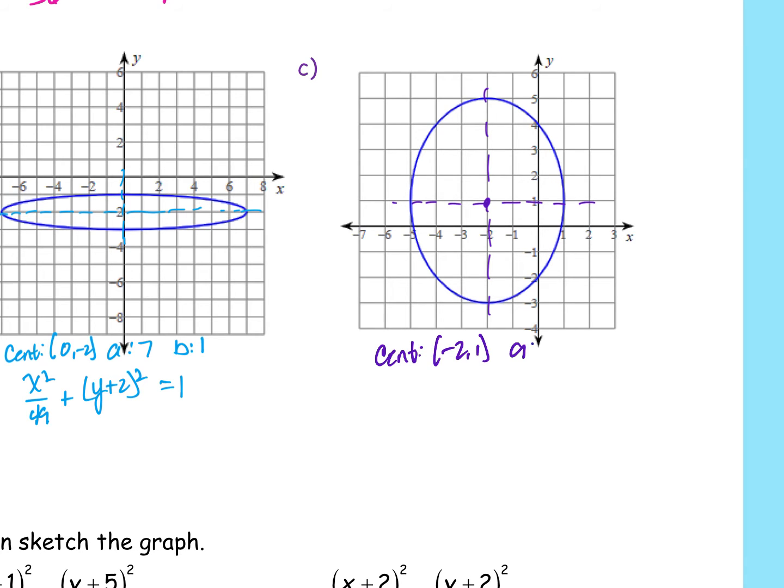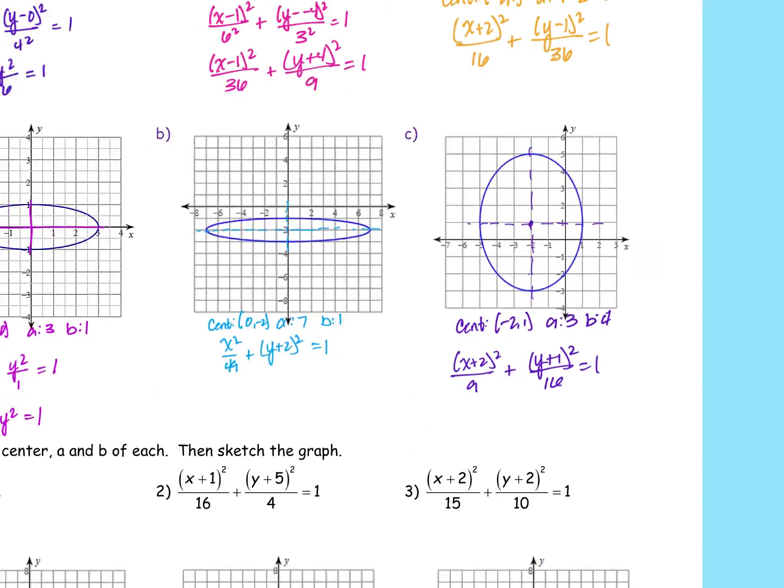A is 1, 2, 3. And B is 1, 2, 3, 4. Okay, so I should get (x plus 2) squared divided by 9 plus (y plus 1) squared divided by 16 equals 1. Questions?